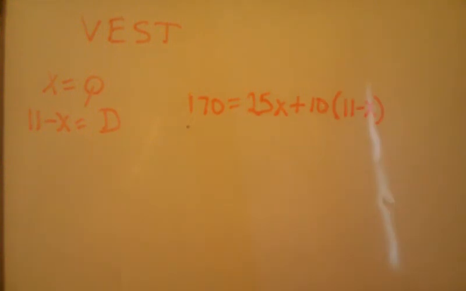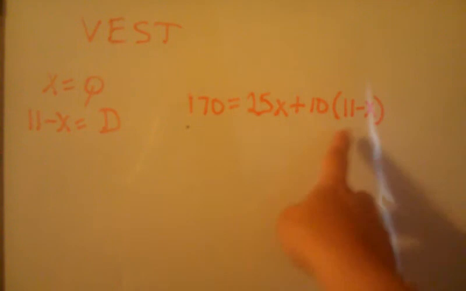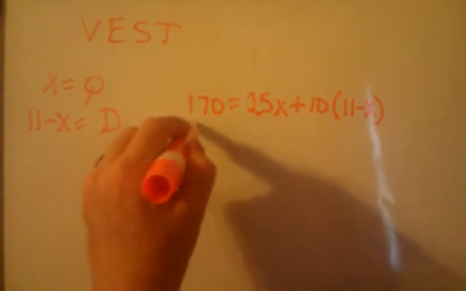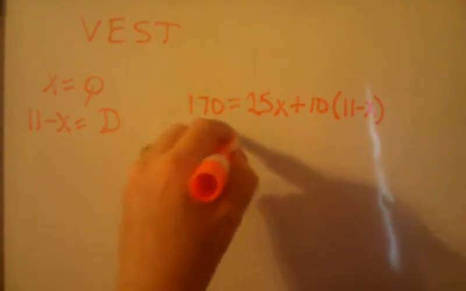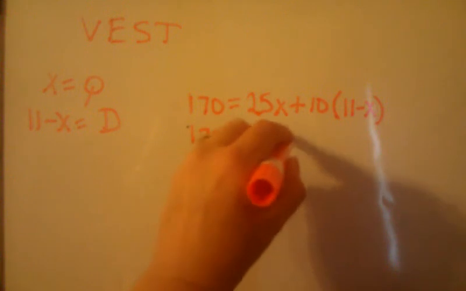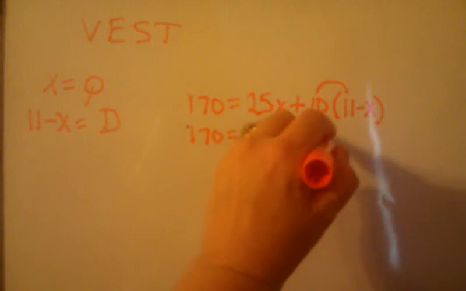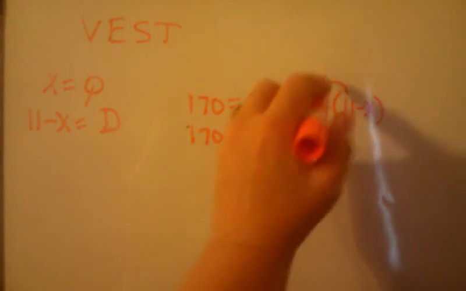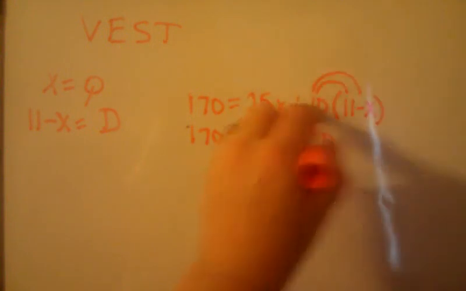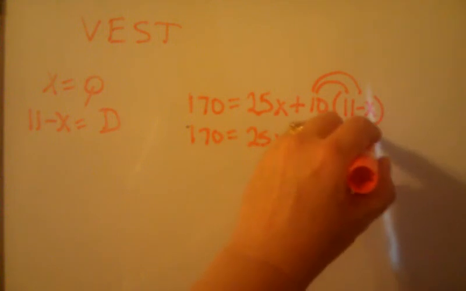Now, order of operations, I have to take care of the parentheses first. So I'm not going to touch anything else yet. Plus, let's distribute. 10 times 11 is 110. My signs are different, so it's minus 10x.